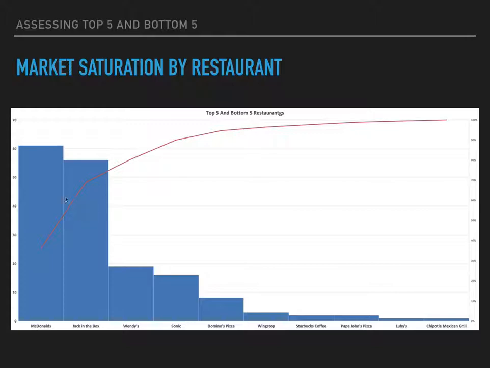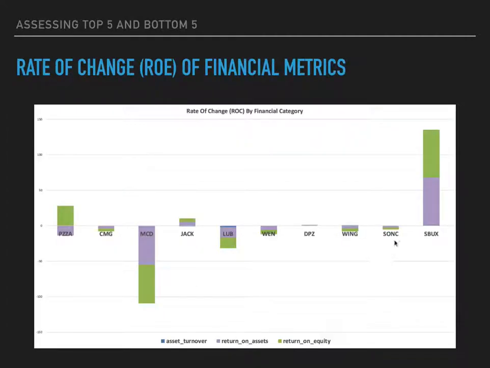So looking at competition now, once again, McDonald's is the worst performing, but also has the highest competition. So those are two red flags that we want to avoid. Out of the four that look interesting, Sonic's, Domino's Pizza, Wingstop, and Starbucks, Sonic's has the highest competition.